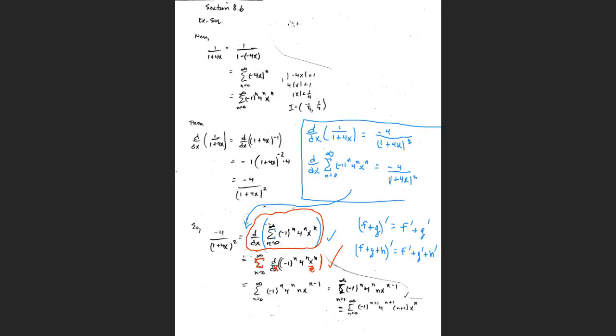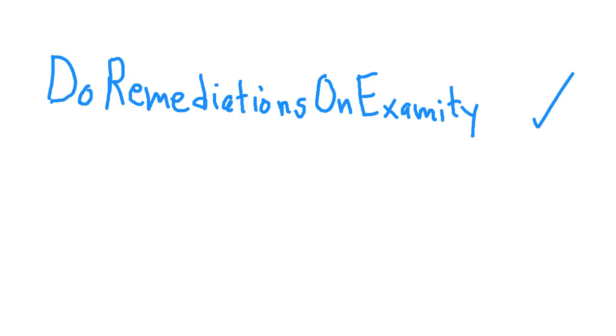We can treat negative 1 to the nth power and 4 to the nth power as constants, because we're differentiating with respect to x. So let me show this step on the whiteboard.